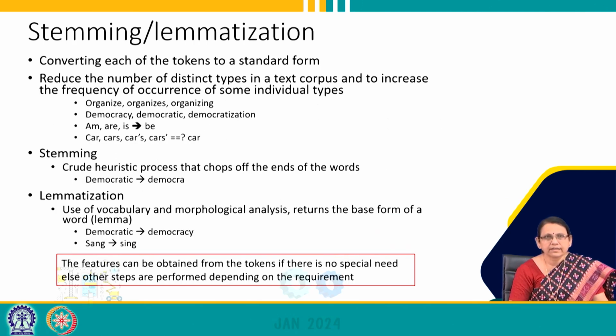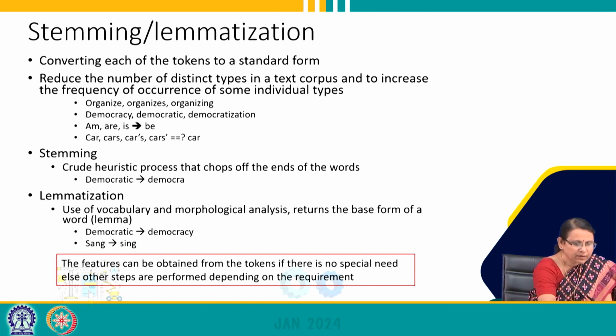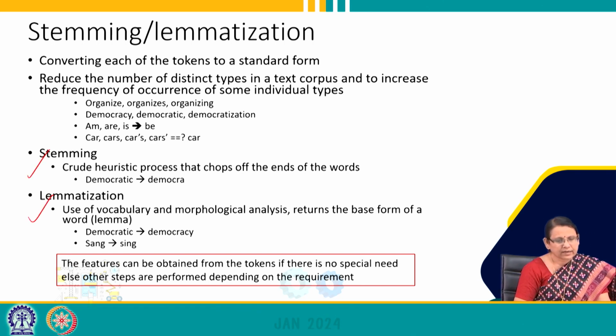Then it is about finding the root word. So, how do you find the root word? There are two approaches, stemming and lemmatization. In the case of stemming, you simply chop the word.